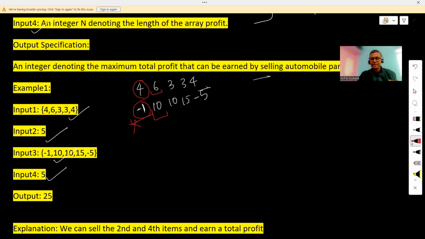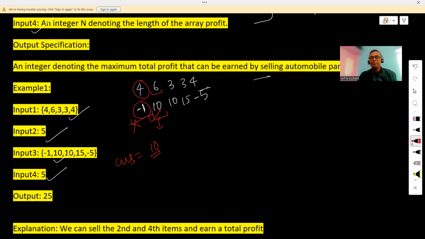After visiting the two unique IDs, we know that we don't sell the ones with negative values, and we sell the unique ID by which we get some profit. So we are adding the 10 profit to our answer. That's the simple part. Now move to the interesting part of this problem.